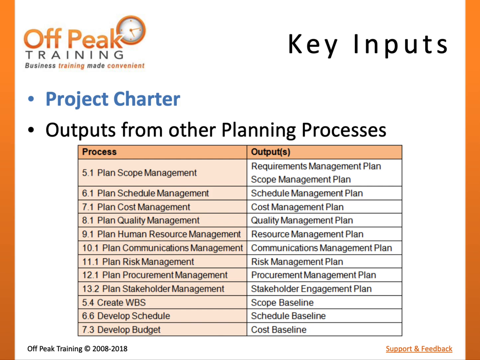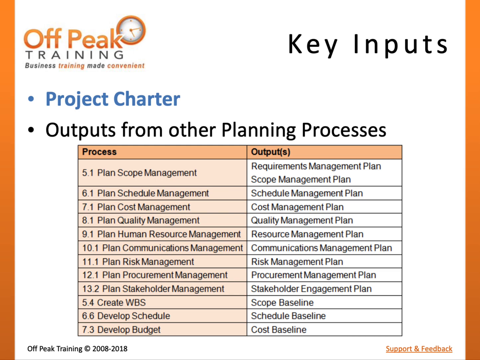The next input is labeled Outputs from Other Planning Processes. This means that several of the components of the project management plan are created in separate project management planning processes, which overlap this process and each other. For example, the risk management plan is generated in a different process titled Plan Risk Management.